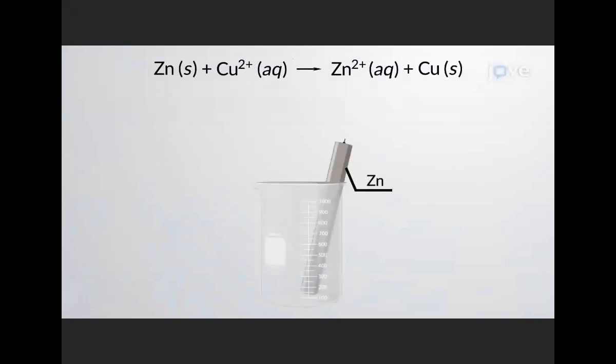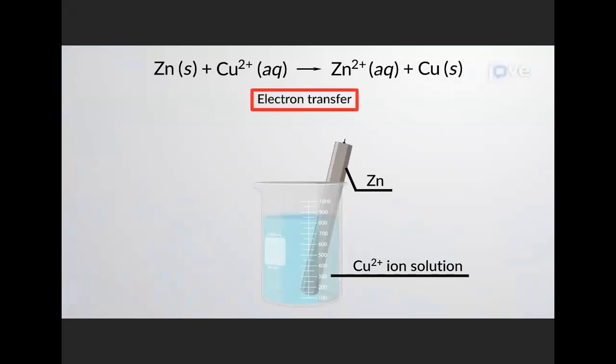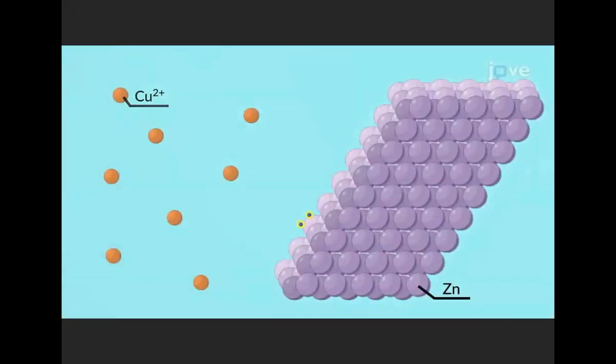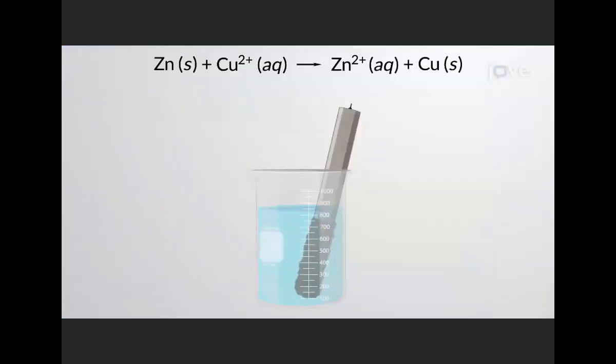When a zinc electrode is placed into a copper ion solution, electrons are transferred from one substance to another. Zinc, having a greater tendency to lose electrons, is oxidized to zinc ions, while copper ions are reduced to solid copper. In this reaction, electrons flow from zinc to copper, but this reaction does not generate electricity.